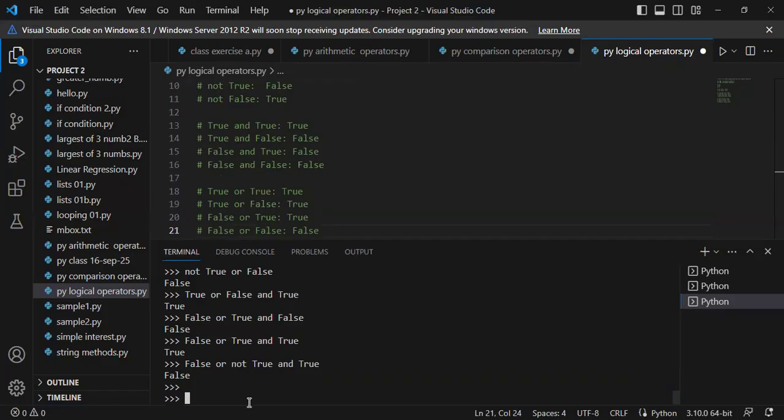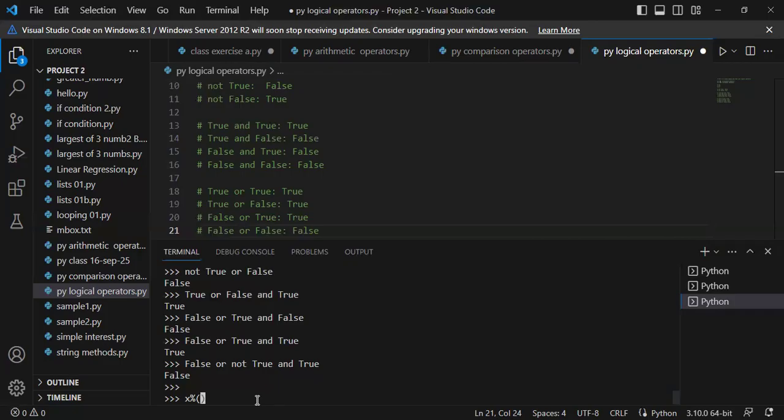Okay, so let me test you with that. Again, suppose we say x is 20, and y is 10.